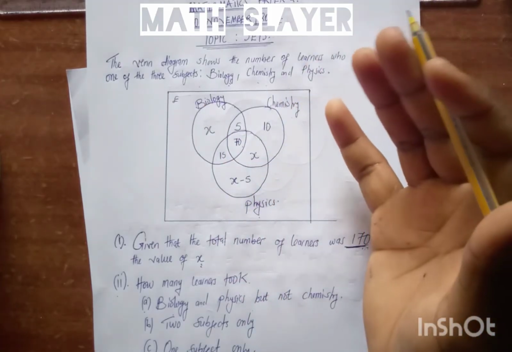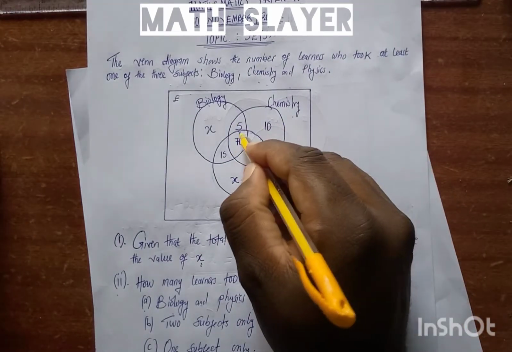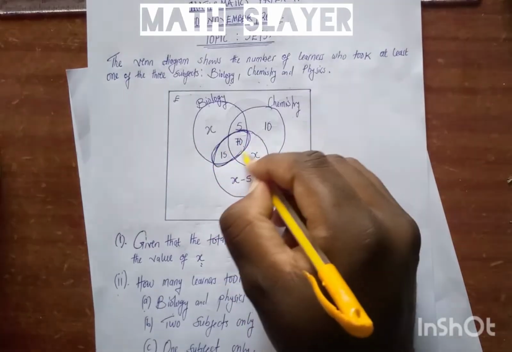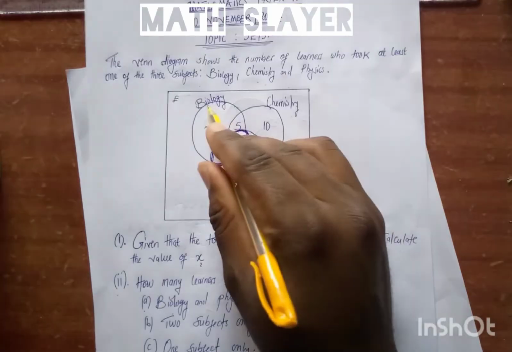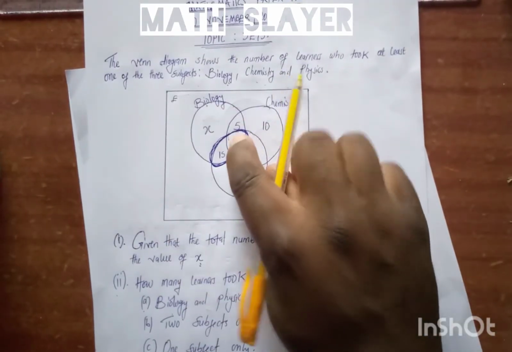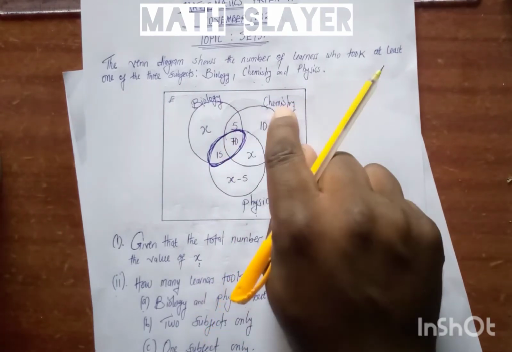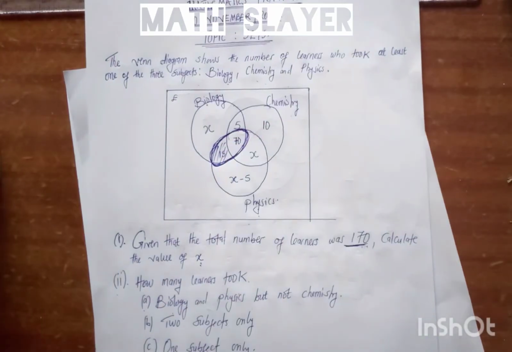If we say the number of learners who took biology, physics, and chemistry, we are talking about this area here. But the question is saying we are only interested in the learners who took biology and physics but not chemistry. So we'll remove the seventh area, because it is shared by chemistry. We're talking about this area here, which is 15.